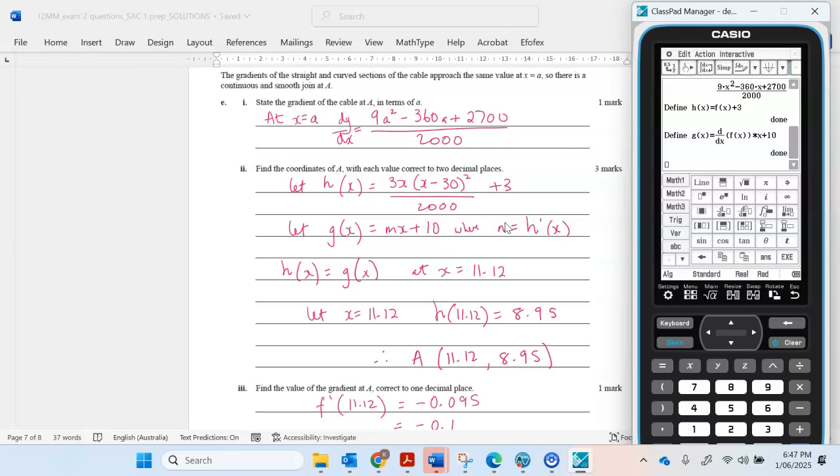So there's hx, there's gx, and then I just let them equal each other. So we can go solve, and I'm going to let hx equal gx.